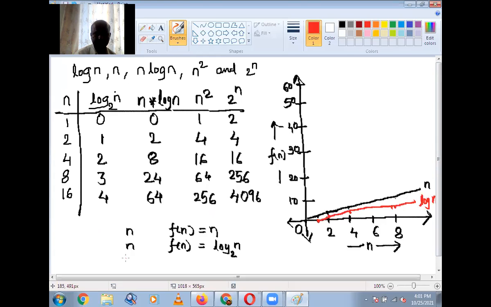Then next, n versus f of n is equal to n log n.